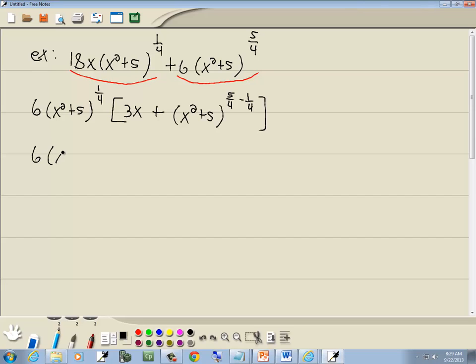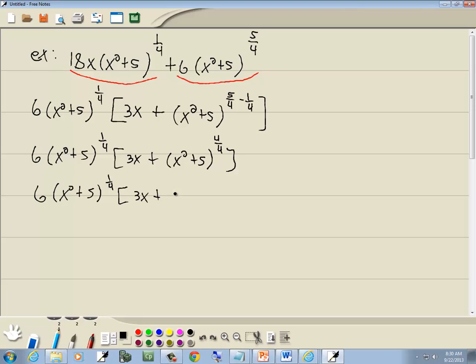So then we got 6 times (x squared plus 5) to the 1/4. Here we got 3x plus (x squared plus 5). 5/4 minus 1/4 gives us 4/4. So we got 6 times (x squared plus 5) to the 1/4, times (3x plus...) 4/4 is 1.